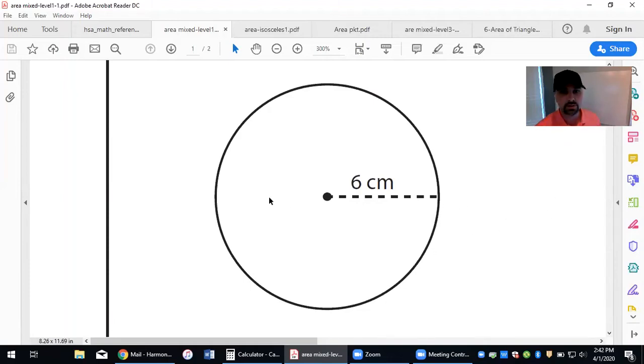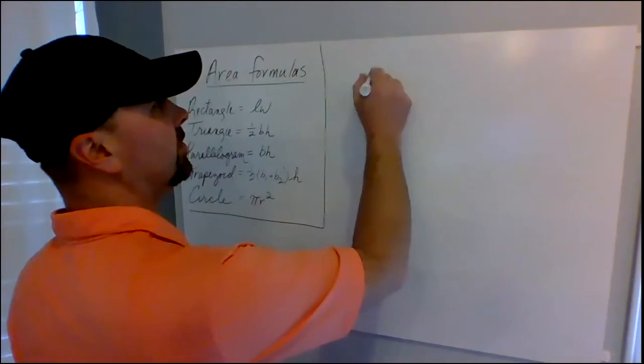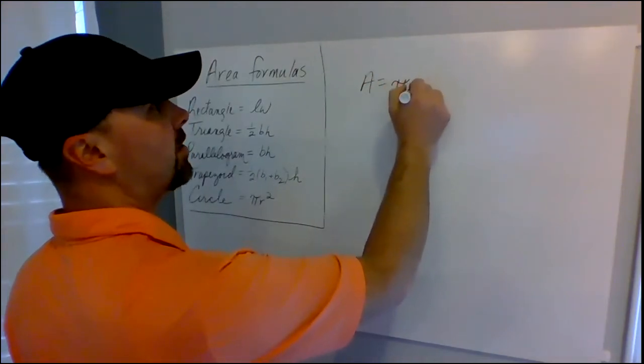The other way to measure a circle is from edge to edge, all the way across. That's called the diameter. But we're not looking for the diameter, we're looking for the radius, since that's what our formula is asking for. Okay, so the radius is 6. If you want to write your formula down, the area of a circle is pi r squared.